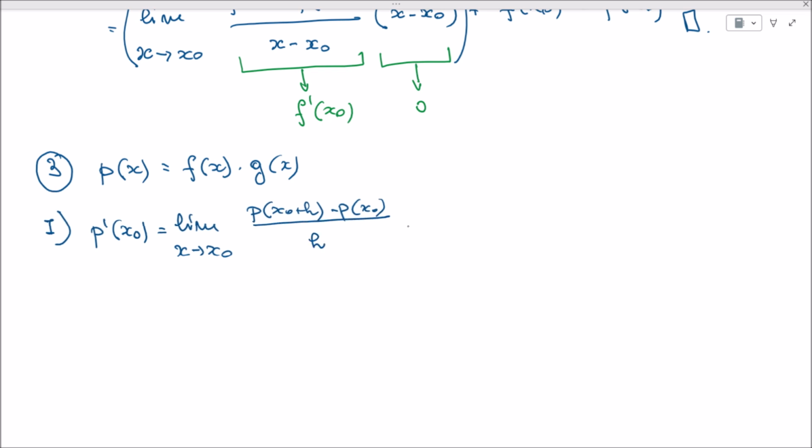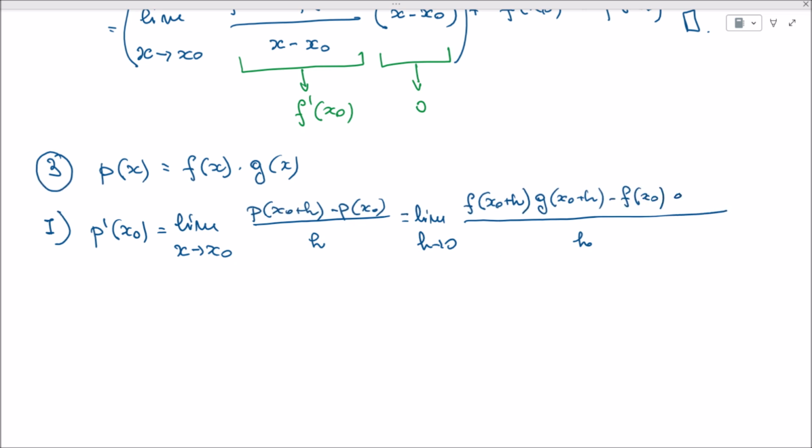And because we know that the product is f of x times g of x, this is the limit as h goes to 0 of f of x naught plus h g of x naught plus h minus f of x naught g of x naught.